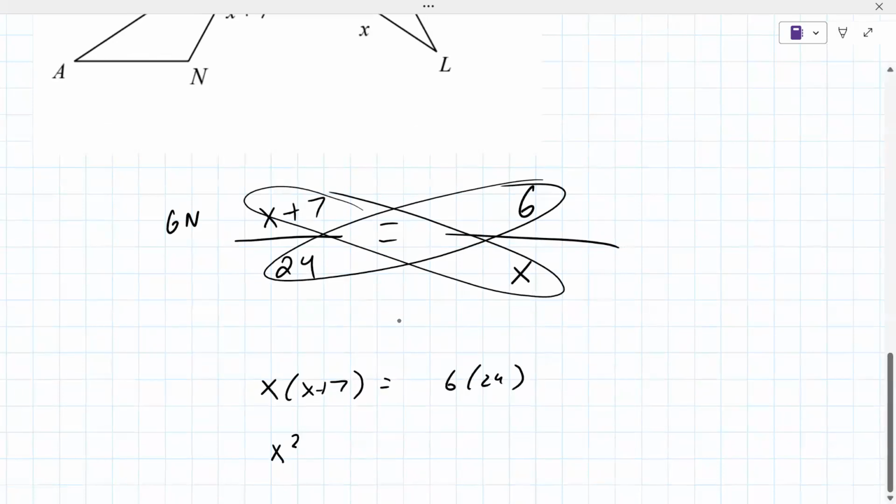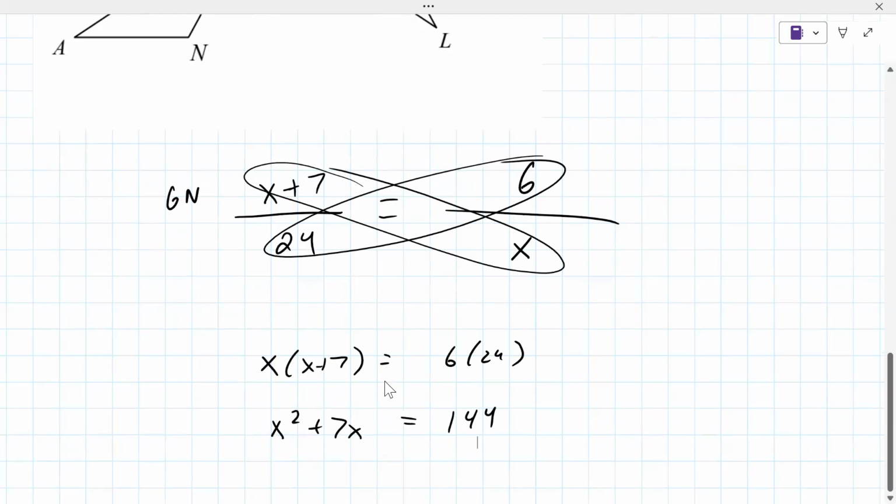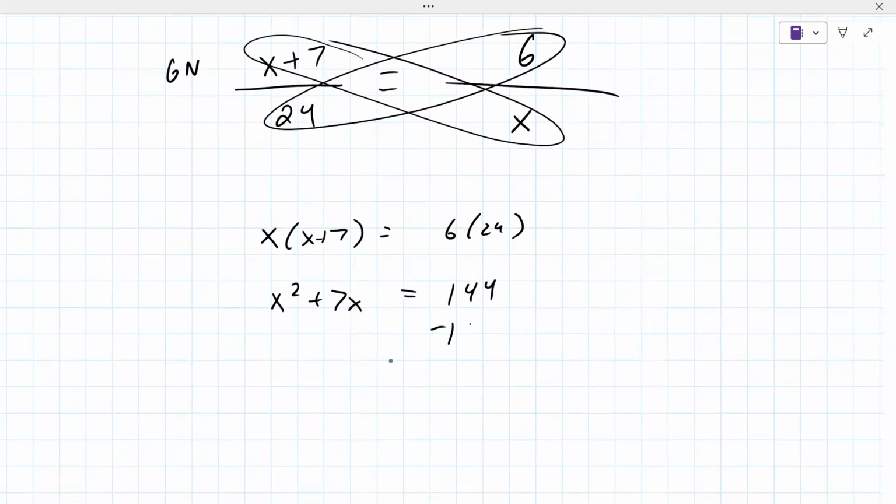So you end up getting x squared plus 7x equals 144. Yeah, x times x is x squared. And then you subtract 144 from both sides. So you get x squared plus 7x minus 144 equals 0.